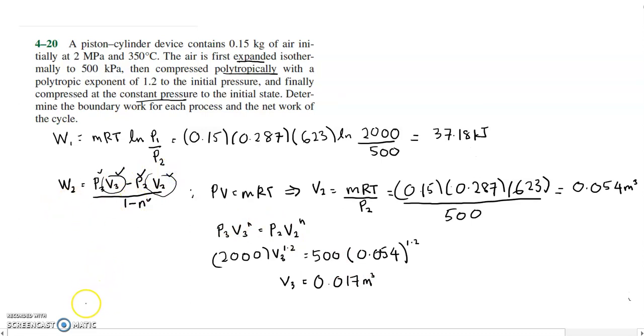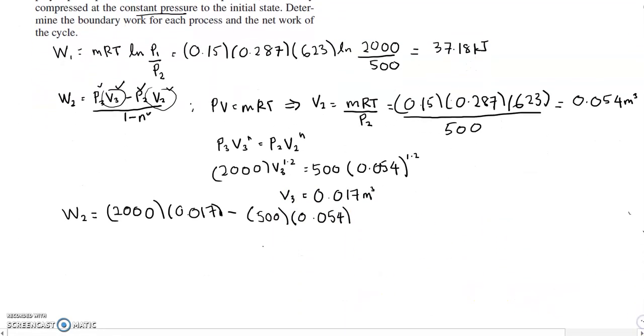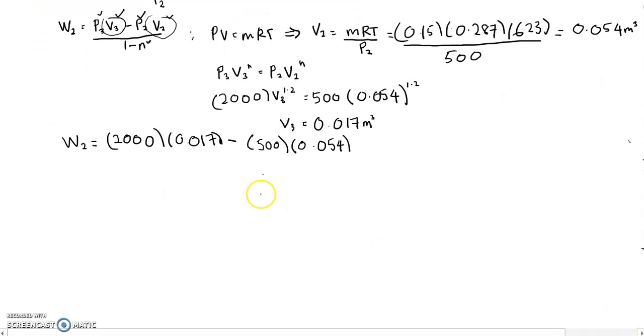So we can calculate W2. W2 is P3, 2000 kPa, times V3, 0.017, minus 500 times 0.054, over 1 minus 1.2.